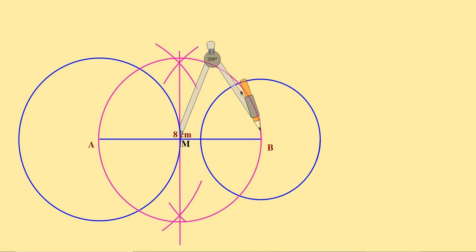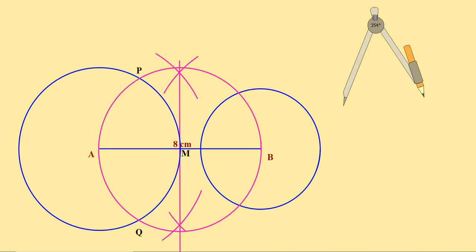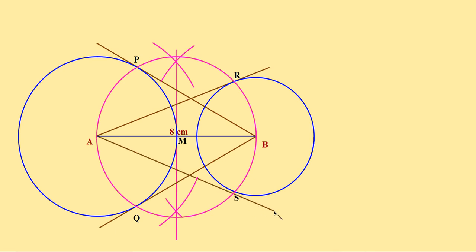Let it intersect the circle with the center A at P and Q and the circle with the center B at R and S. Now join BP and BQ. Similarly, AR and AS. These are the required tangents.